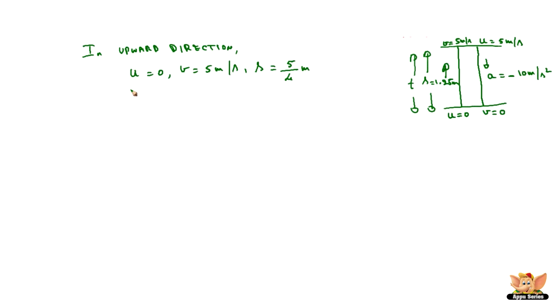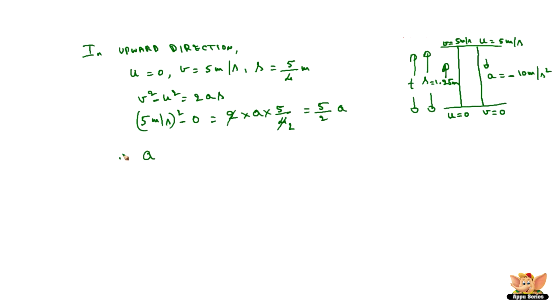Using position velocity relationship, v square minus u square is equal to 2as, wherein 5 meter per second whole square minus 0 is equal to a, which is unknown, into s, which is 5 by 4. 2 2's, which is 5 by 2a.